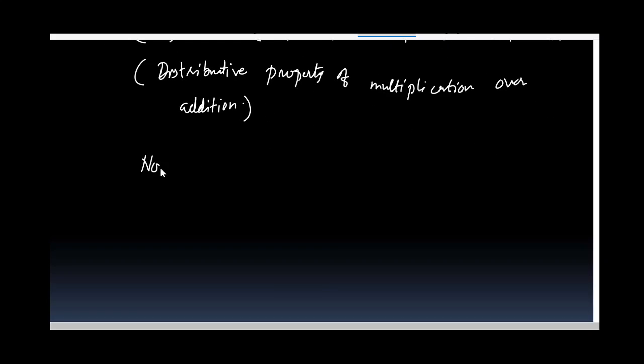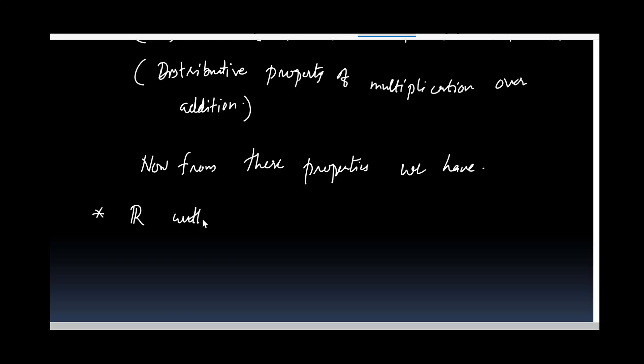Now, from these properties, we have, first one, R with the operation of addition is an abelian group.